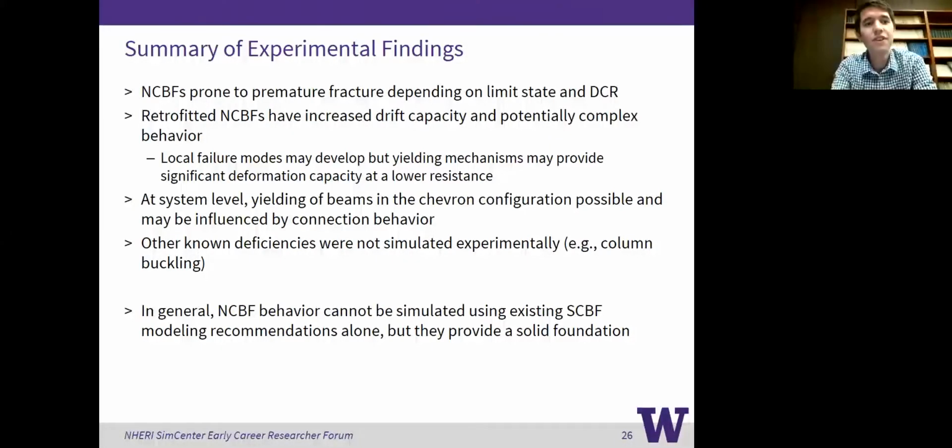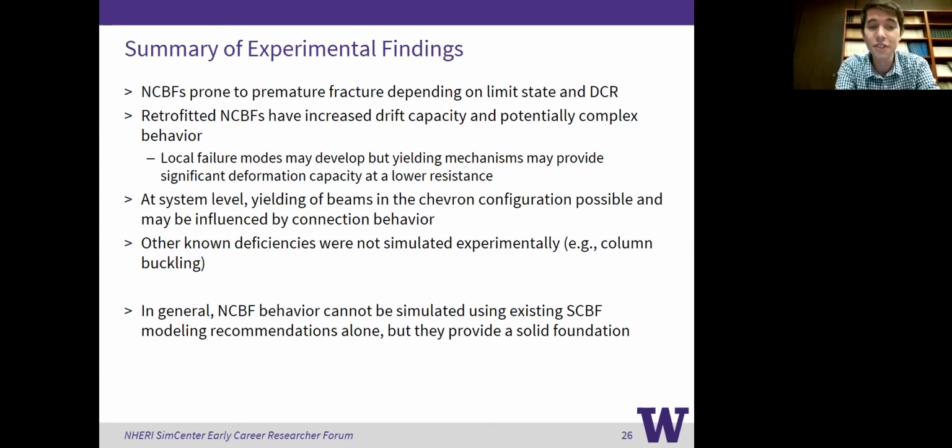We know that NCBFs are prone to premature fracture depending on their limit state and DCR. We also know that retrofitting the NCBFs can significantly increase the drift capacity, but can cause some pretty complex behavior that we need to model. There are other issues at the system level. We can have yielding of the beams in the chevron configuration, which is entirely possible.